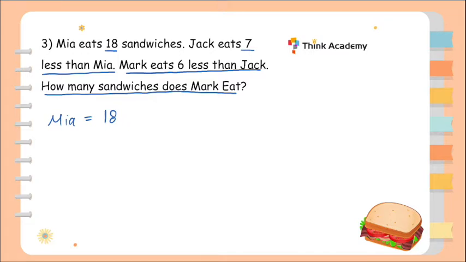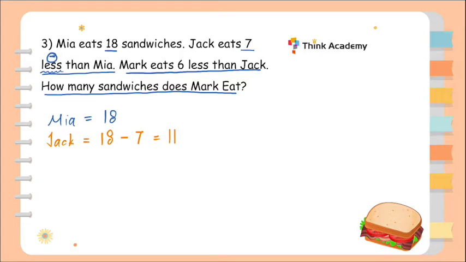If we see the words less than, this means we are using minus. So, from the starting point of Mia, Jack has 7 less than the sandwiches that Mia eats. So this gives us 11 sandwiches.